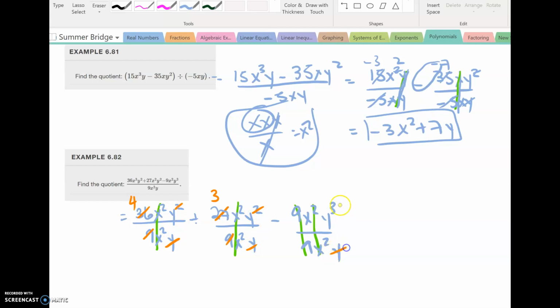And then here, it's going to cancel out one of the y's, but then I have 2 left. So my final answer here is going to be 4y plus 3y. And then we have minus y squared.